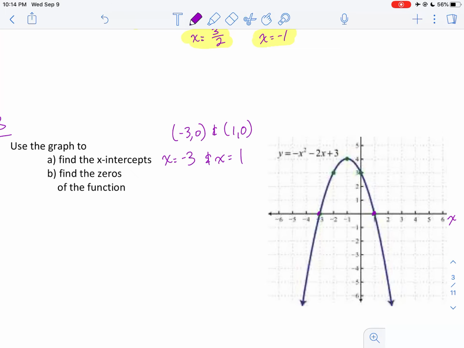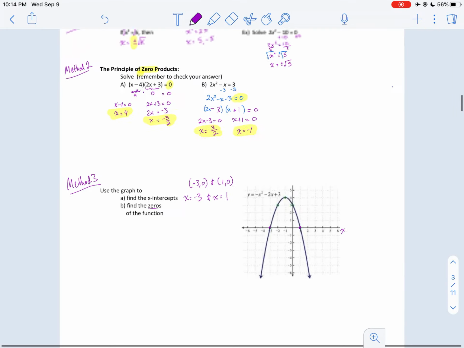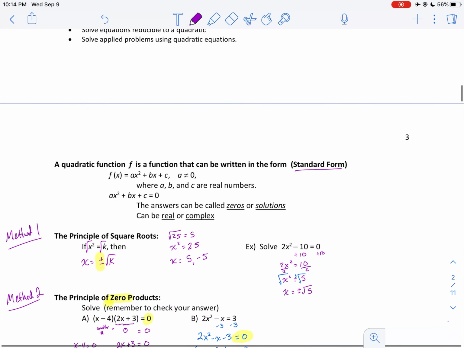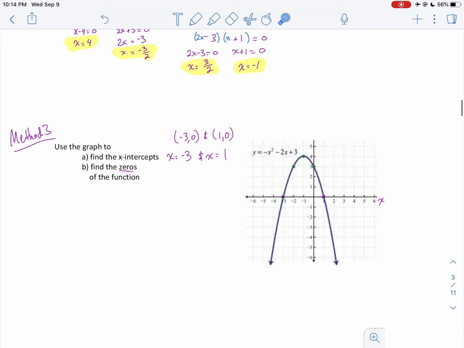Now, zeros of the function. Have we defined zeros? We said the answers to this equation can be called zeros. Okay? Well, if you think about it, if I take this equal to 0, where are the y values equal 0?